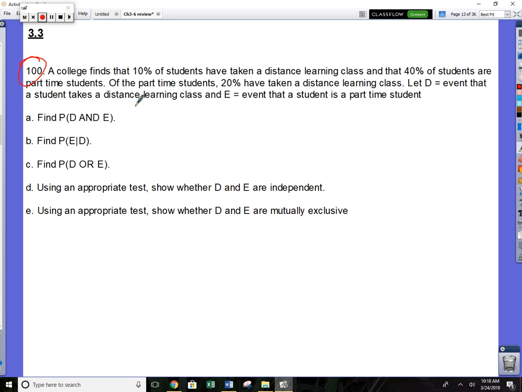Okay, so we're going to have to create our own. The chances of D happening looks like it is 0.10. Chances of E, what was E? It's part-time. E is 0.4.